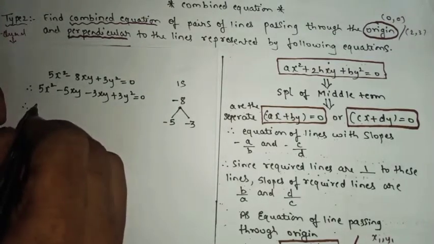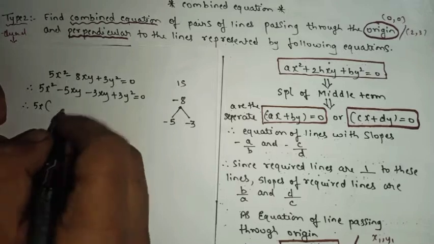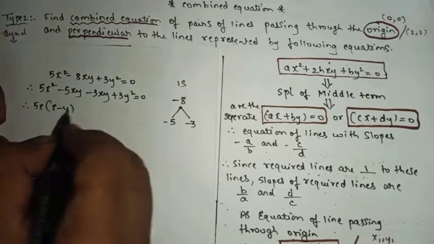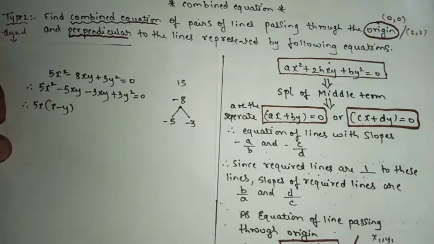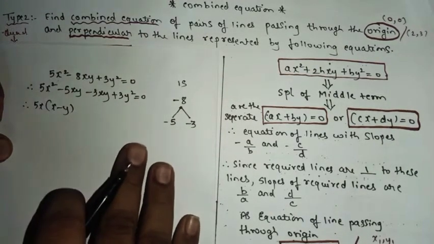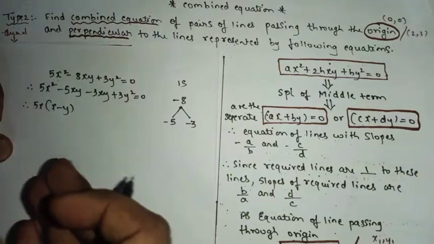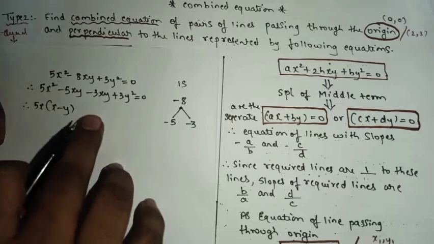So here you will get 5x as common, so inside the bracket x minus y. I hope you all know how to solve a quadratic equation by the factorization method. Splitting of middle term, yes or no? All this was there in the 10th, even in the 9th standard also. Splitting of middle term, a factorization method we say.